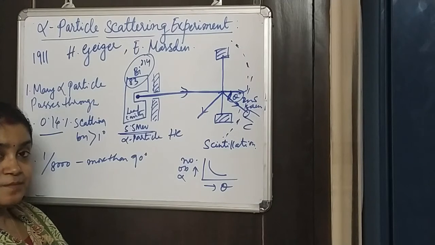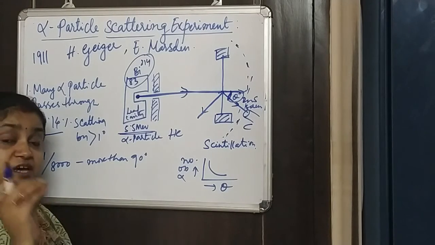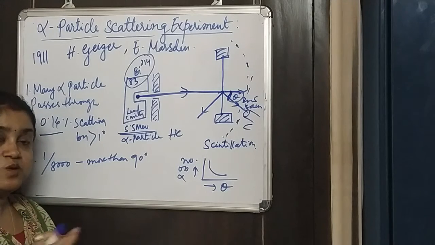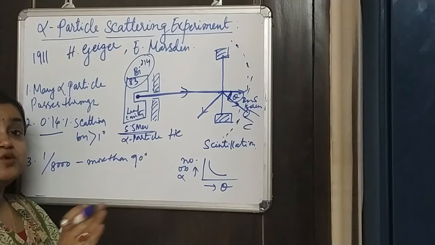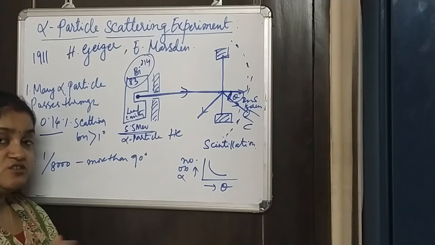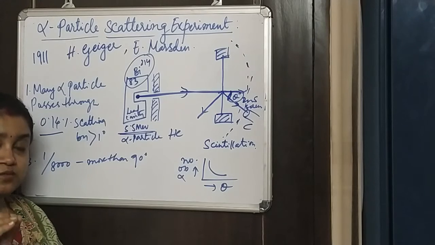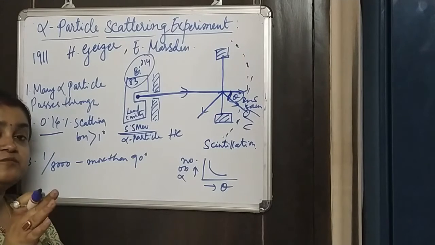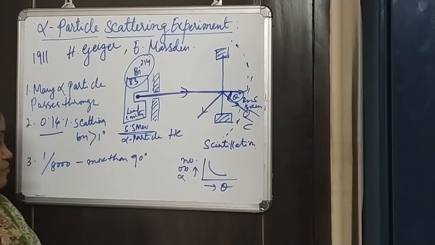It means that the rest of the particles, even those which got scattered, were not scattered even by 1 degree. The rest of the scattering was very negligible, and the majority of particles didn't even get scattered, they just passed through.